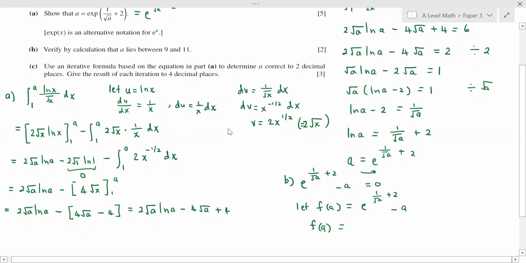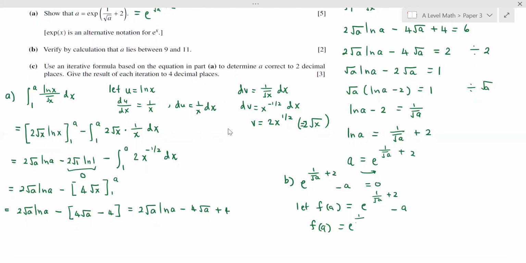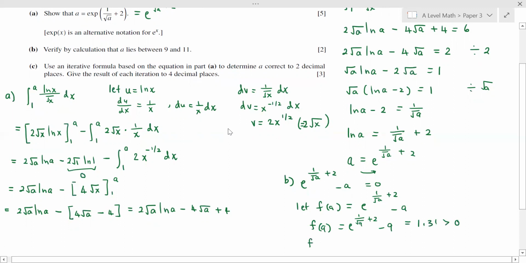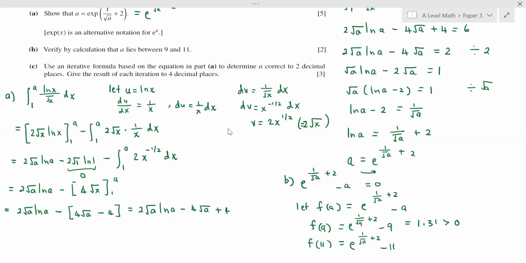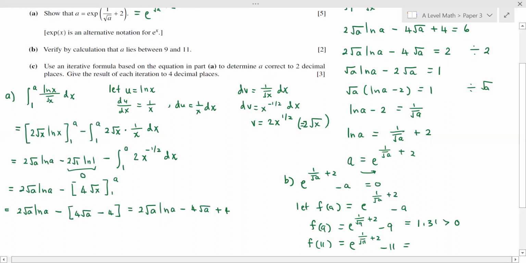When I replace a with 9, I have e to the 1 over square root of 9 plus 2 minus 9. That gives 1.31. This is greater than 0. And I find the value of f at 11. So this will give me e to the 1 over square root of 11 plus 2 minus 11, and I get a value of negative 1.01.